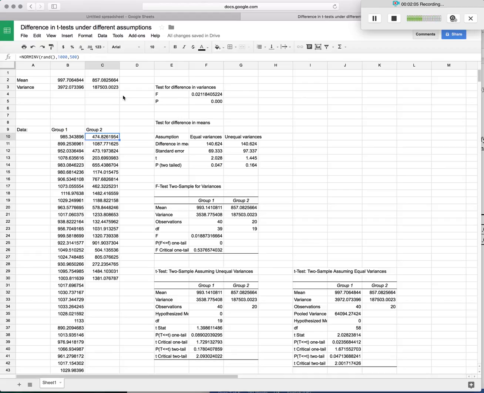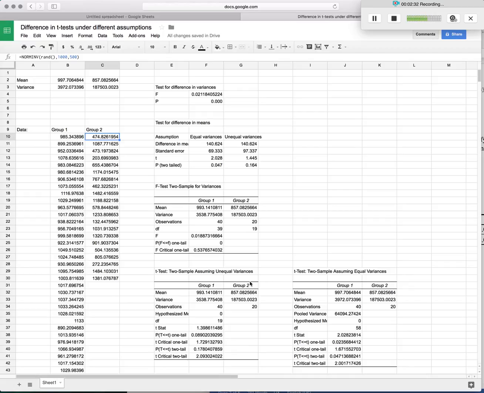However, the test for the difference in variance should detect it. We ran the F-test for the difference in two variances, and we can see that we can safely reject the null hypothesis that the variances are equal under very, very low significance. This means that we should perform the t-test assuming unequal variances.